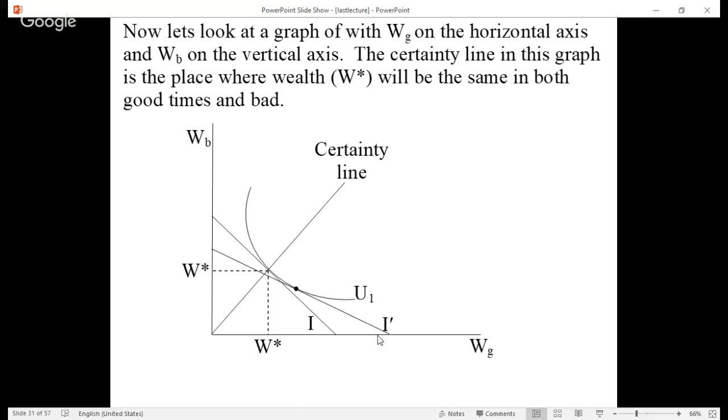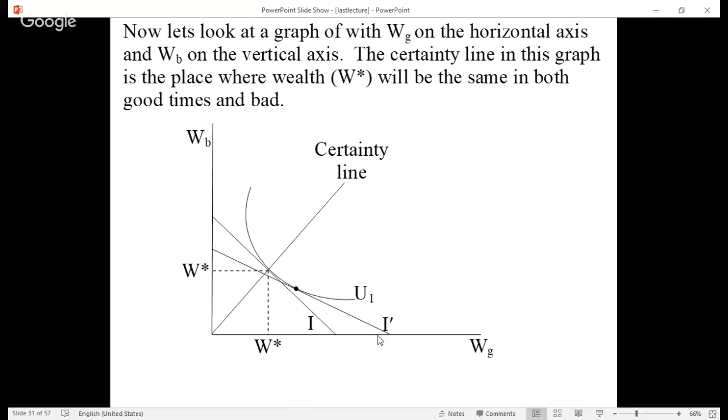The probability is equal to prices. But here, what's the slope? Actually, that's correct, but that's not what I'm looking for. PG over PB. There we go.